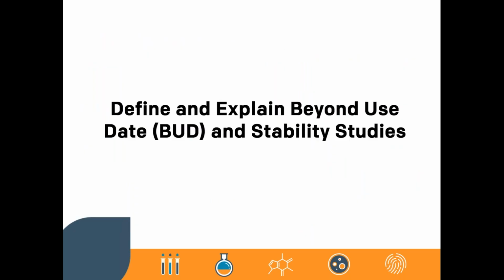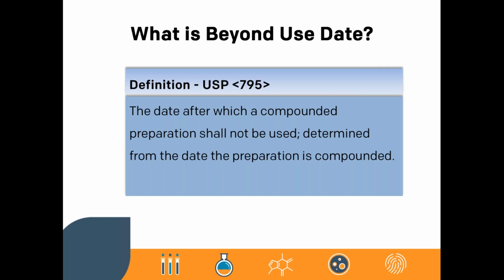Okay, let's look at the beyond use date or stability study, and really the shelf life of it, and some of the definitions. I did want to point out that routine potency is different than beyond use dating. Potency really is used for release testing, or it's a general quality attribute, whereas beyond use date, stability, is really for shelf life.